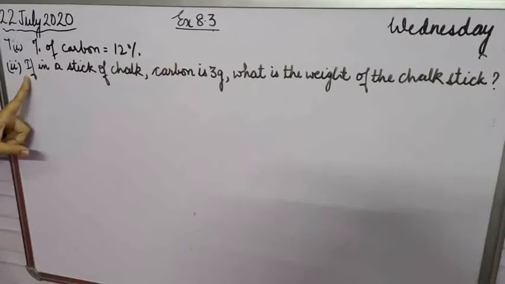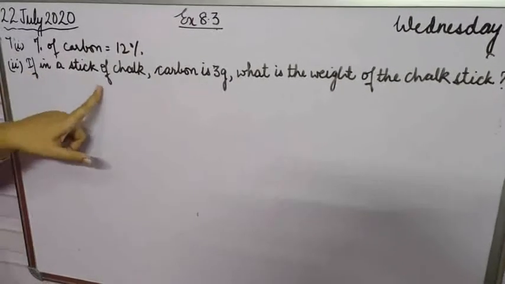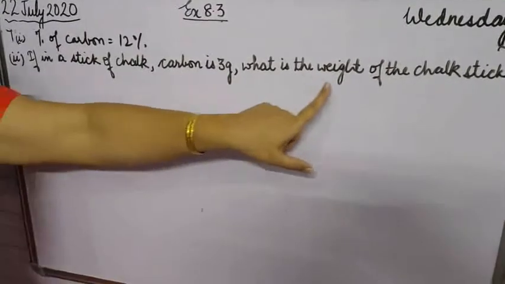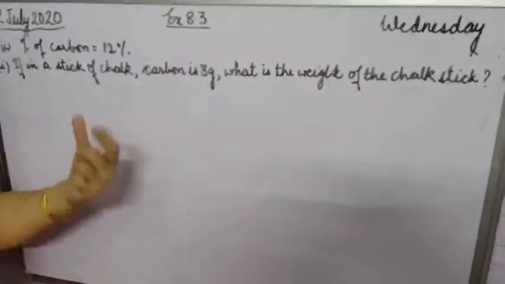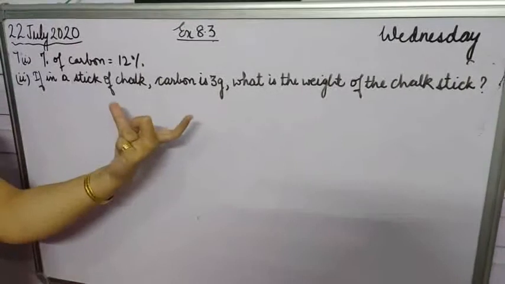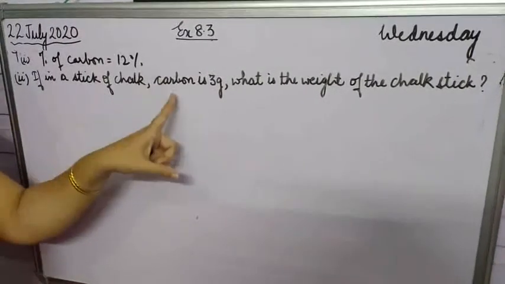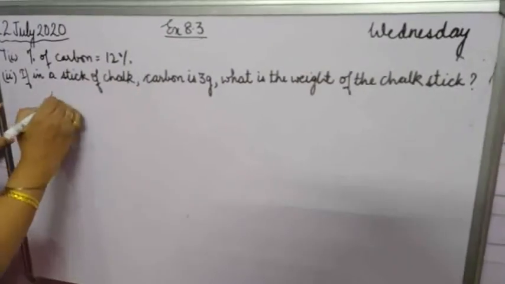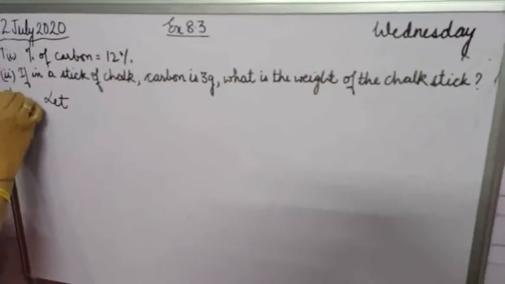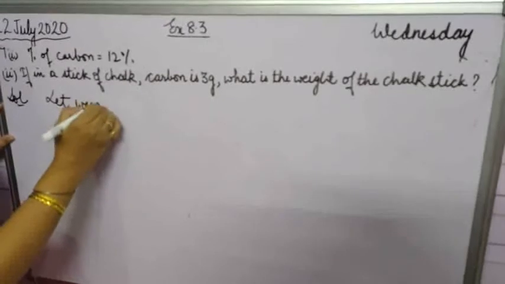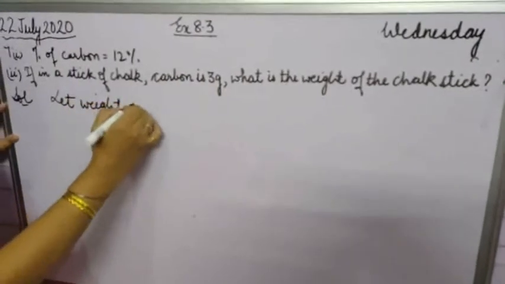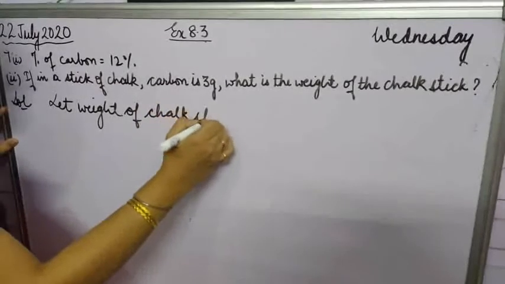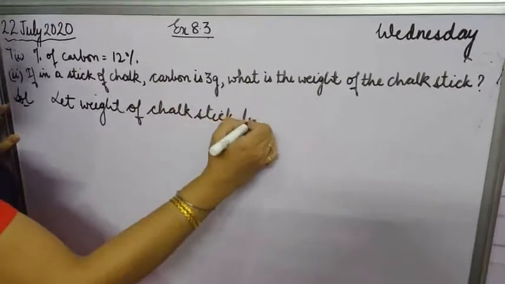Now the second part is: if in a stick of chalk carbon is 3 grams, then what is the weight of the chalk stick? In a chalk stick 3 things are there, and out of that one thing is carbon, which is 3 grams. So let us suppose that the weight of the chalk stick is x.